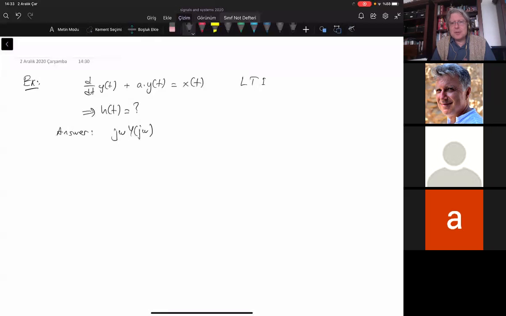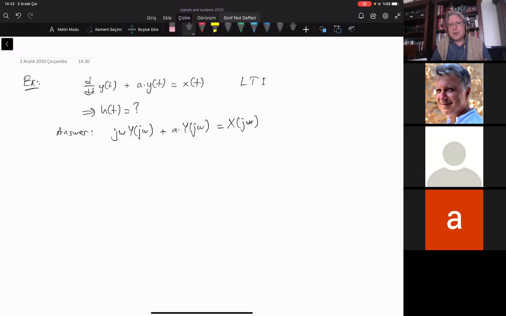We've learned it. If you take the derivative of a signal in the Fourier domain, you multiply it with j omega. Plus a times y of t, what is the Fourier transform? It's easy. It's a times y of j omega. And the right-hand side is the Fourier transform of x of t. It could be a little bit more complicated, but now it's easy. It's x of j omega.